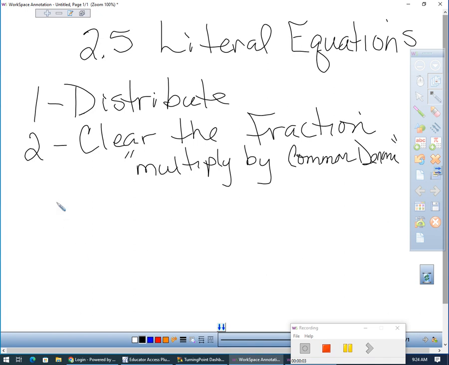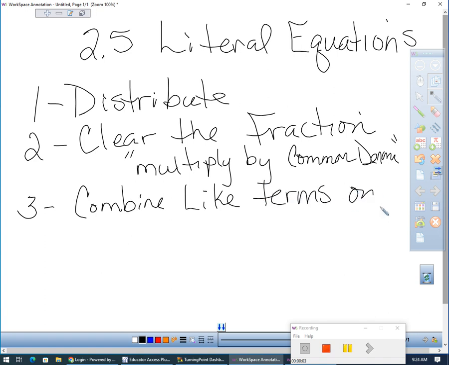All right, step 3, combine like terms on each side.